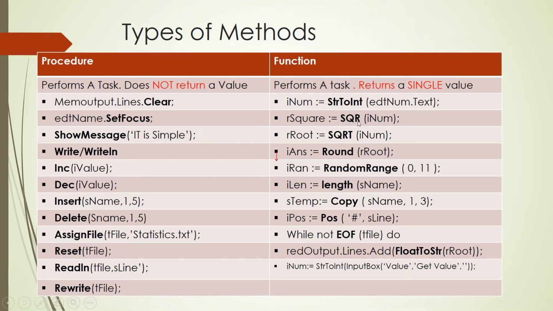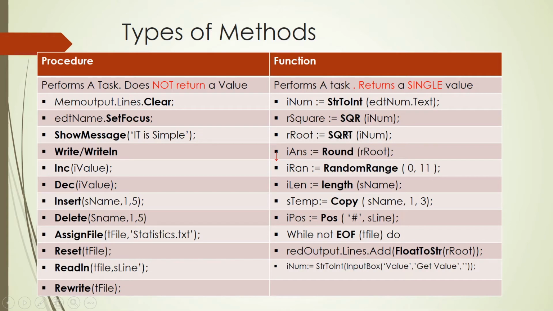And because it is a function, when it is called, it returns a value and stores it in a variable. So in this instance, it's returning the square of iNum and storing it in a variable called rSquare.